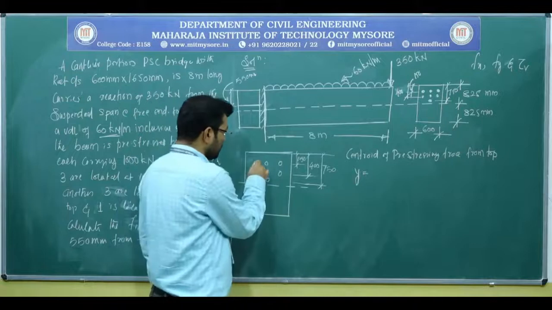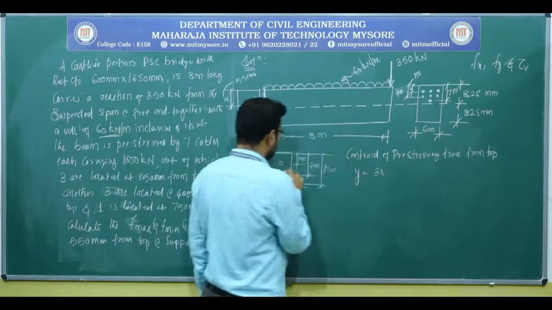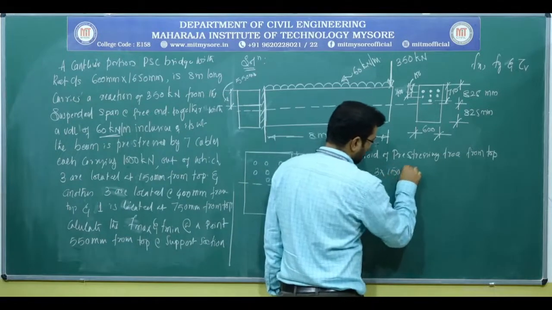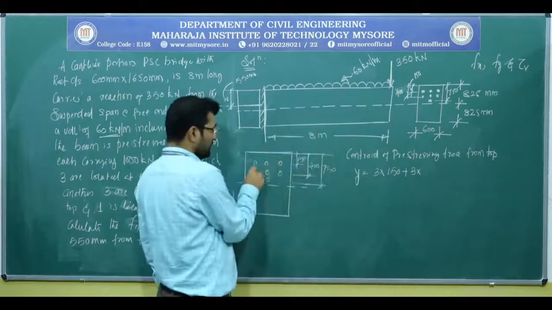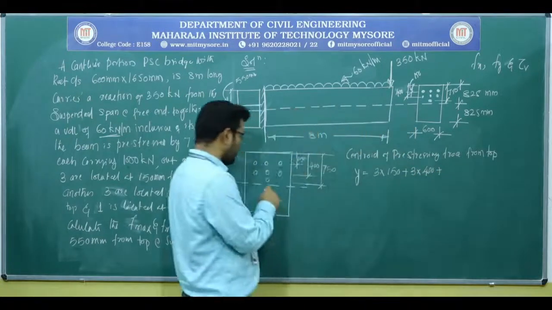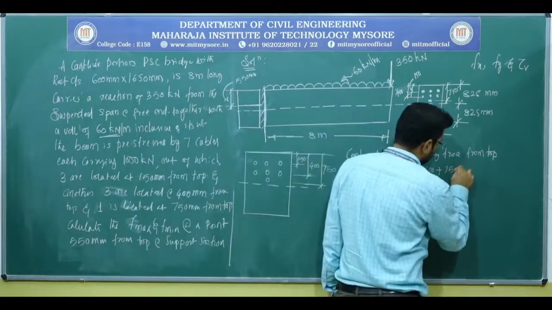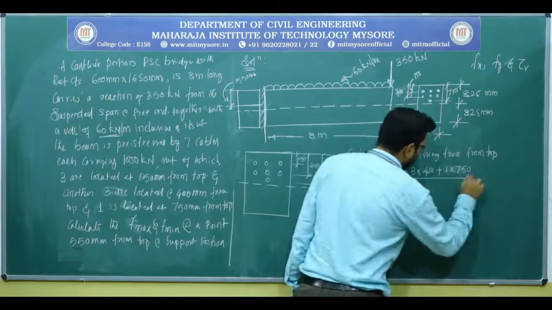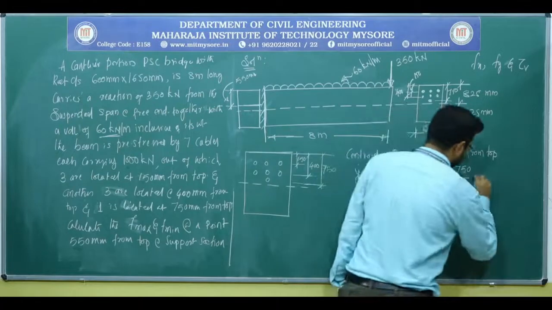y is equal to, so these three cables are at the top, so 3 into the distance from the top, which is 150 millimeter, plus next we have three more cables at a distance with respect to top of about 400 millimeter, plus we have the last cable which is about 750 millimeter from the top, 1 into 750, whole divided by 3 plus 3 plus 1, that is the total number of cables.